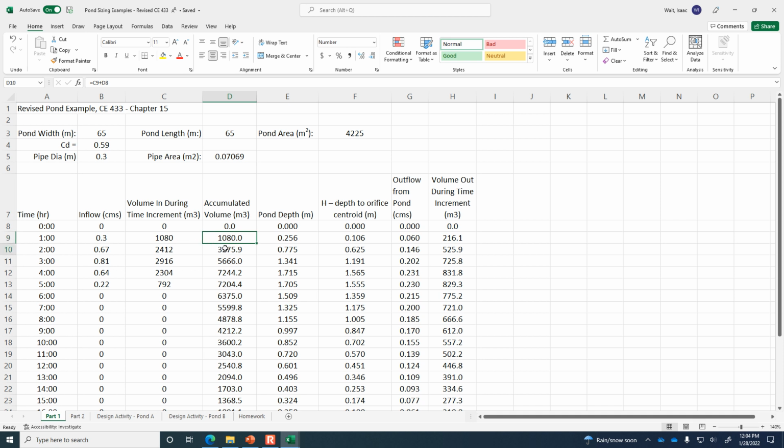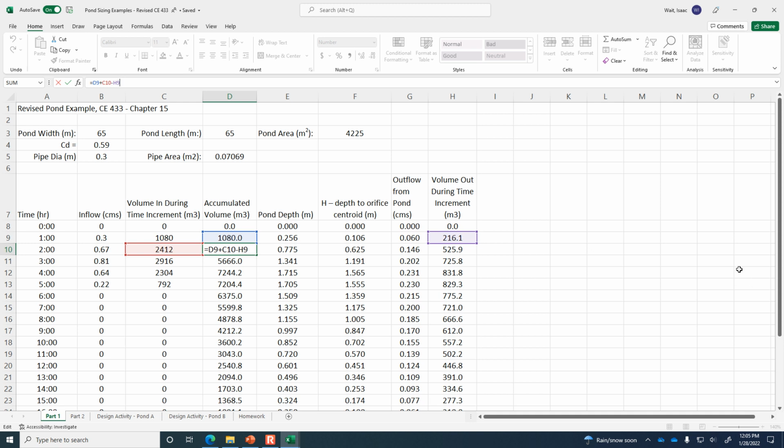But in subsequent hours, and this is really important, it's hard to overestimate how important this is, the way that you find out the amount of water in the pond is by the previous pond volume, meaning last hour, plus how much new flow came in this hour, minus the outflow during the previous hour.